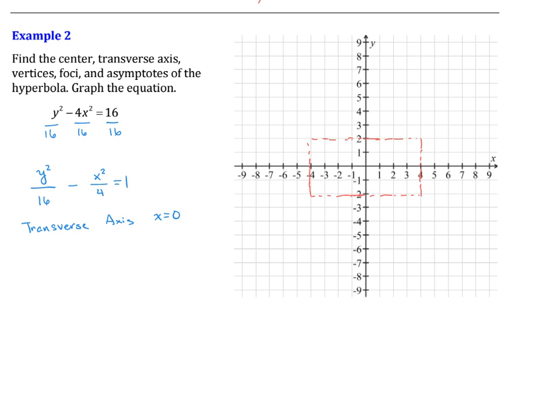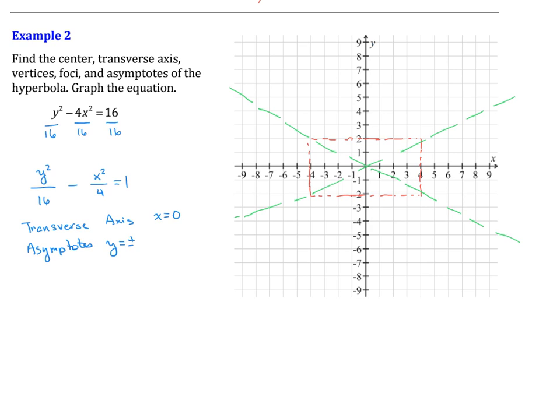And now we know that we can draw our diagonals of that rectangle to come up with our asymptotes. And so the asymptotes are y equals positive or negative.